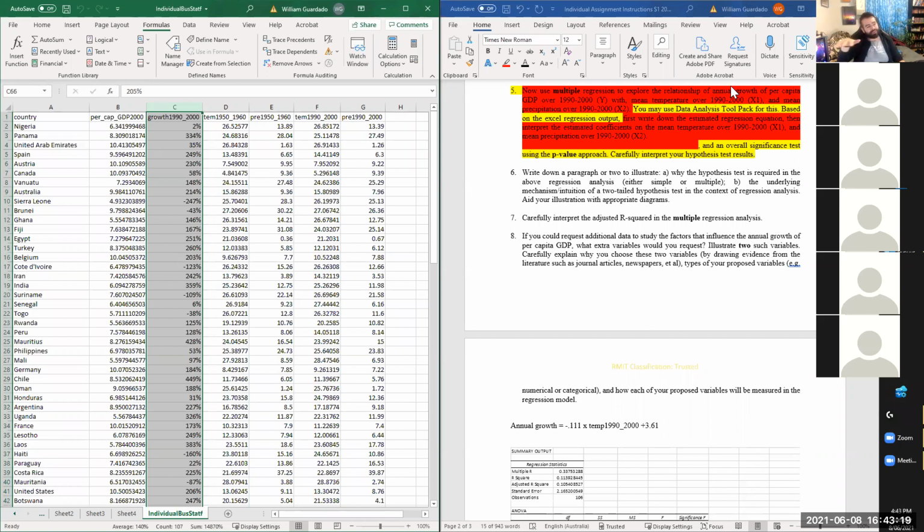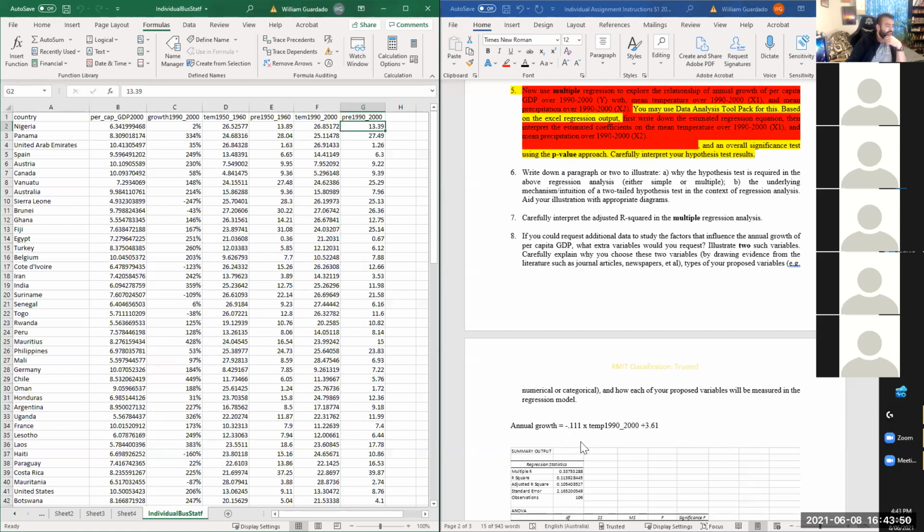When you write this down, you would say in words, for every unit increase in temperature between that period, I assume this is degrees or Fahrenheit, the annual growth GDP would go down by 0.1.